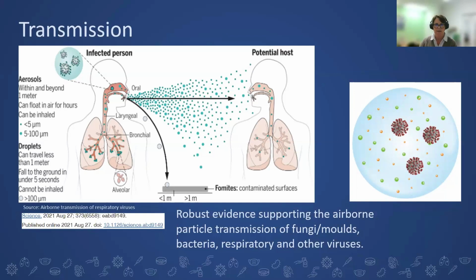So there's quite robust evidence supporting airborne particle transmission, both from fungi and molds, but also bacteria, as we talked about with pulmonary tuberculosis, and other viruses such as RSV, flu, and some of the human coronaviruses as well. So over here on the right-hand side, what we can see is virus-laden aerosols, and they have particular characteristics which can assist with the transmission of these infections.